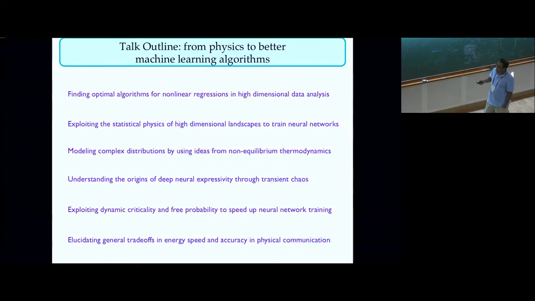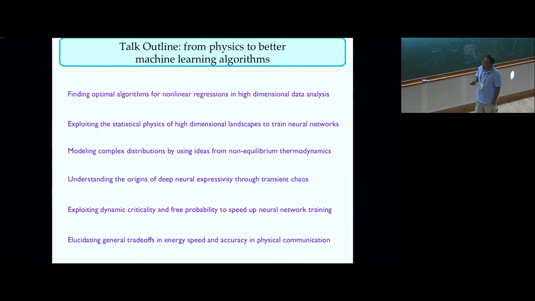Then we're going to use ideas from random matrix theory, especially free probability theory, which governs the spectra of products of random matrices, to essentially speed up neural network training. And the last part, we probably won't get to this, but this is not a deep learning thing, but a general physical analysis of fundamental limits of energy and speed in physical communication.